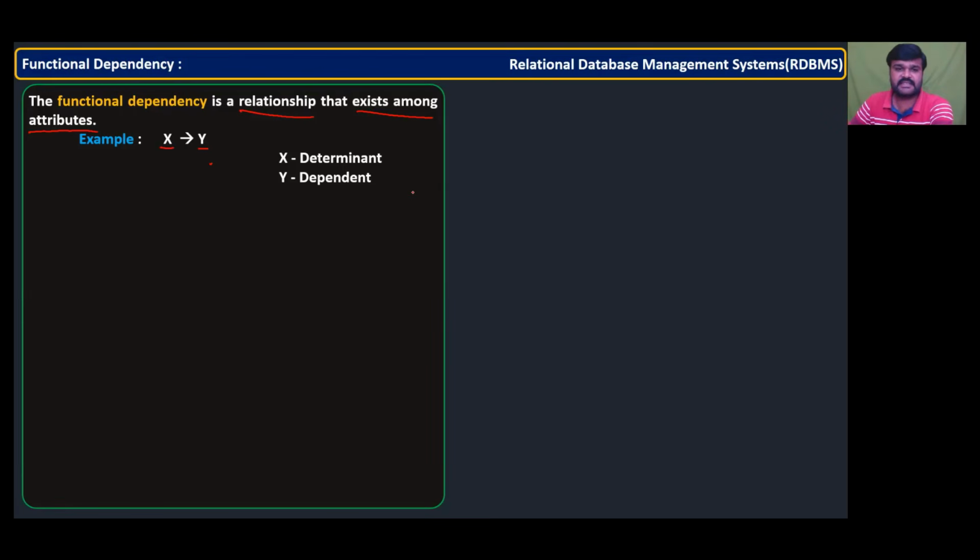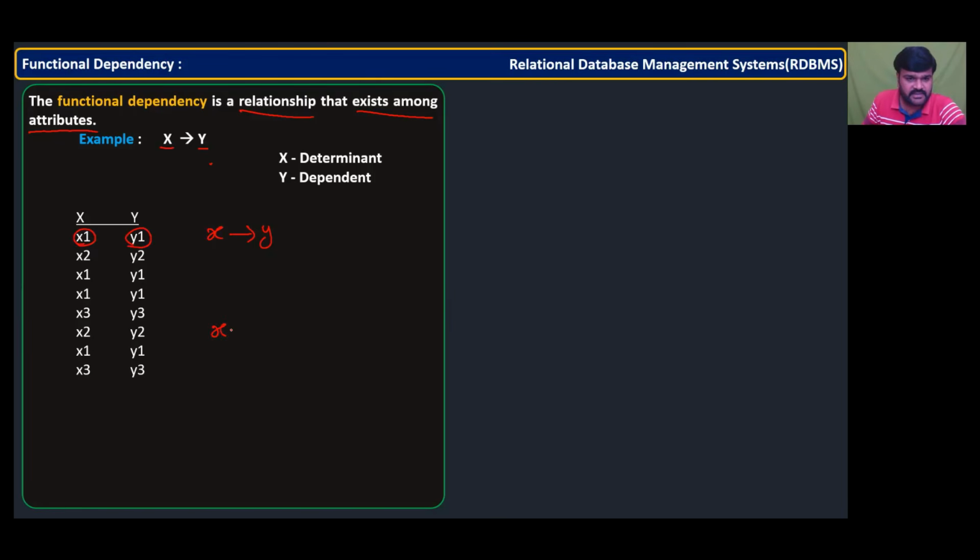For better understanding, let us take a simple example. X is one column, that is, one attribute, and Y is another attribute. Here, if you observe, you can write this relation X to Y, X deriving Y. One of the values is X1, and that is deriving Y1.